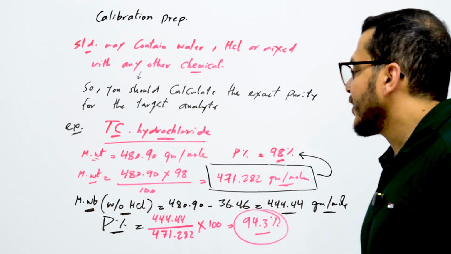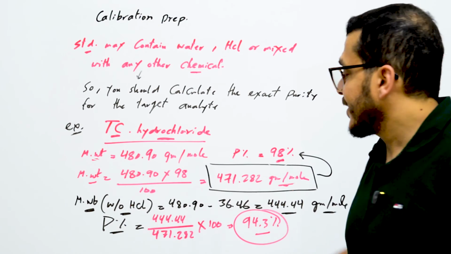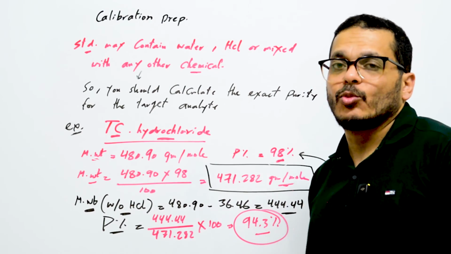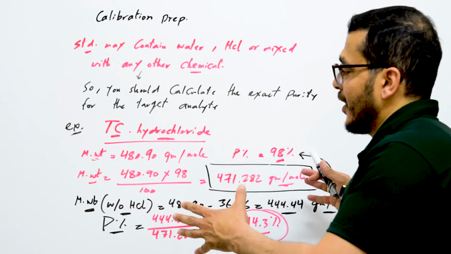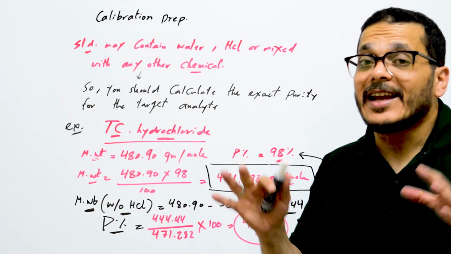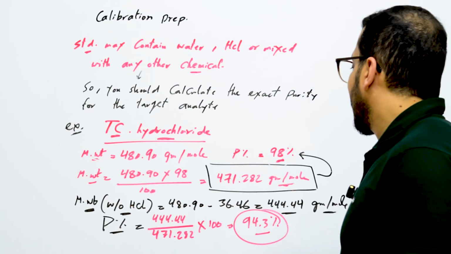So 480.9 multiplied by 98 divided by 100 equals 471.282 gram per mole. This is the molecular weight of tetracycline hydrochloride at 98%.